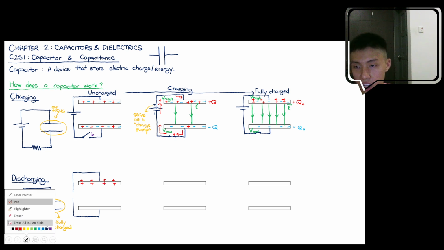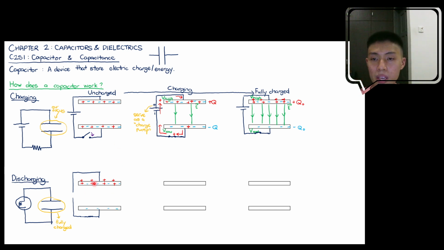The negative charge that was initially not moving will remain like this. The situation will remain like this if you remove the battery, because there is no path for the charge to flow back to the lower plate.